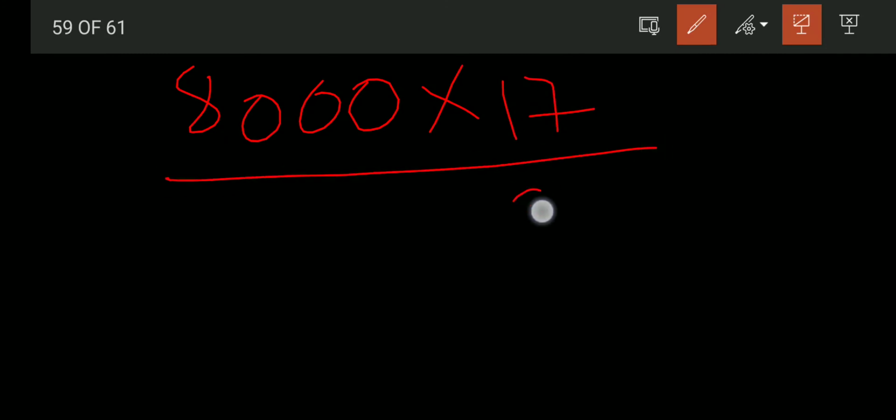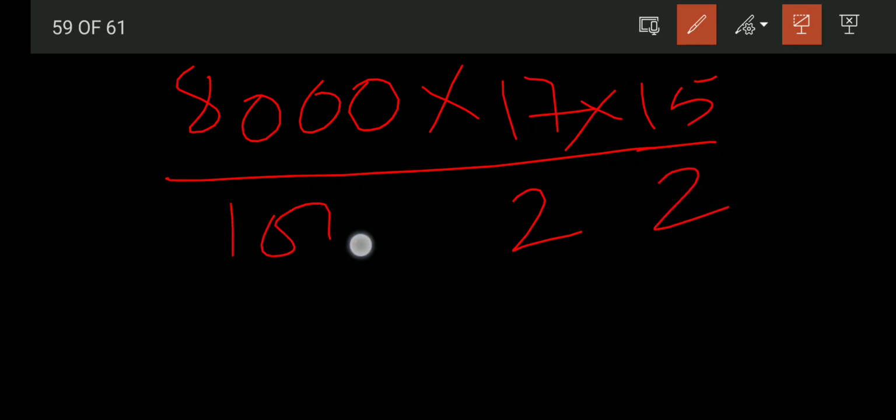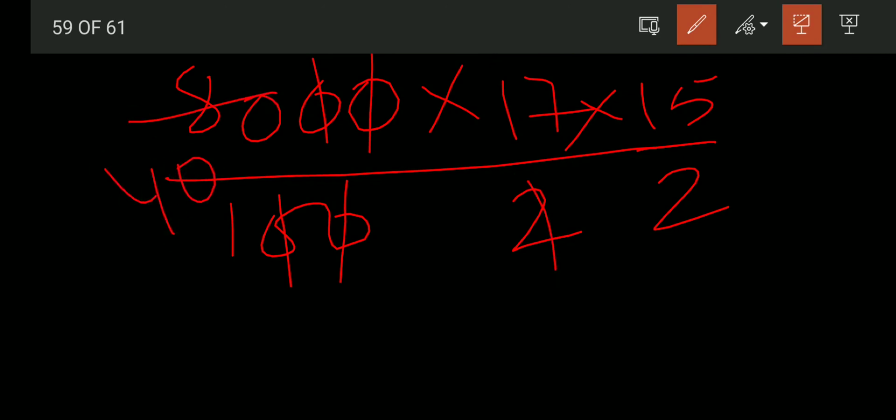So this is 8,000 principal into rate of interest, that is 17 by 2, into time, that is 15 by 2, divided by 100. So the zeros get cancelled. 2 fours are 8, 2 twos are 4.